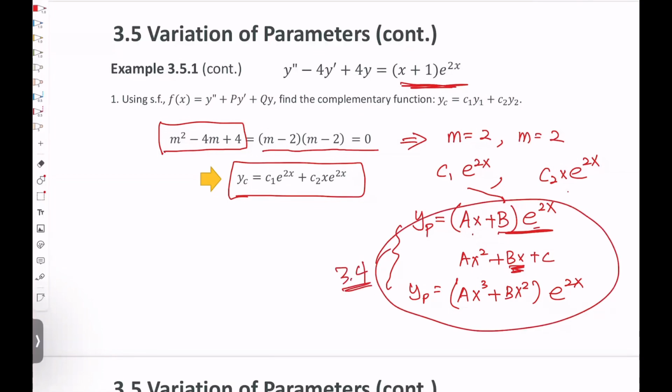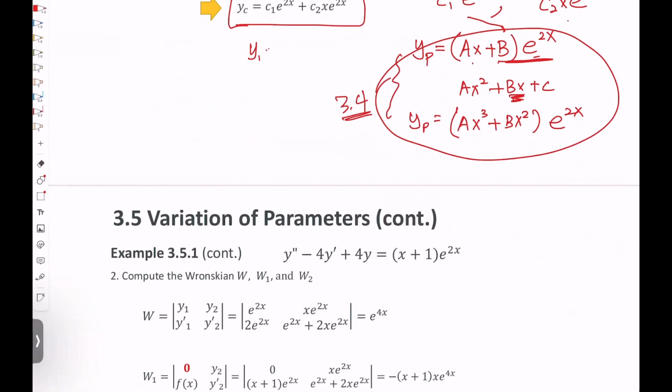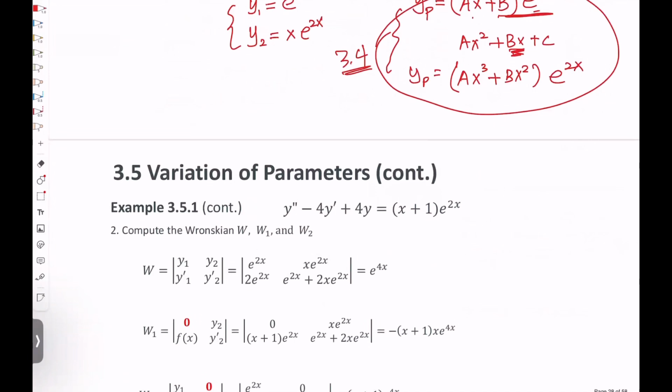Now in section 3.5, the variation of parameters technique, we don't have to worry about it. We know y1 equals e to the 2x from yc, and y2 equals x e to the 2x, and we use those two to find the Wronskian. For the W, we have y1, e to the 2x, y2, x e to the 2x, and the second row is going to be the derivative of these.